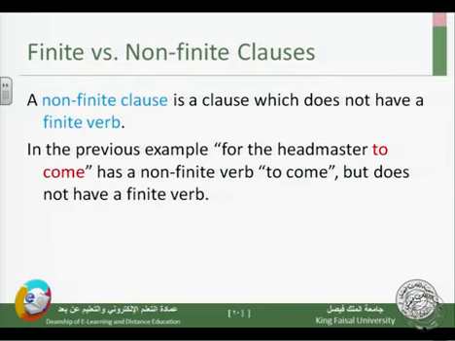It is an infinitive with to, to come. So for the headmaster to come has a non-finite verb, which is to come, but does not have a finite verb, and this is why it is a non-finite clause. So again, a finite clause has a finite verb, a non-finite clause does not have a finite verb. Okay, it has a non-finite verb.